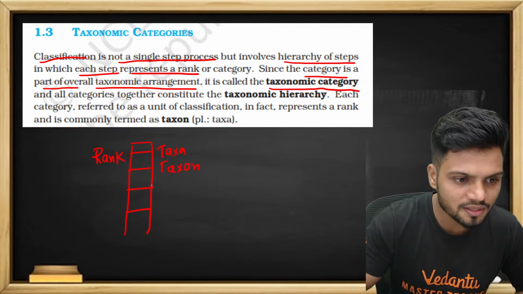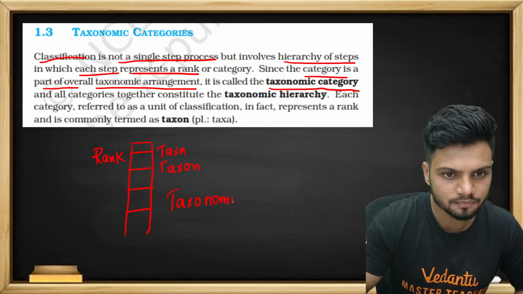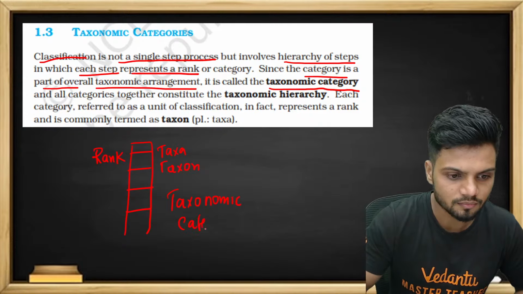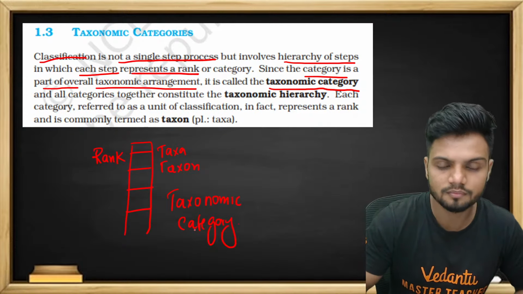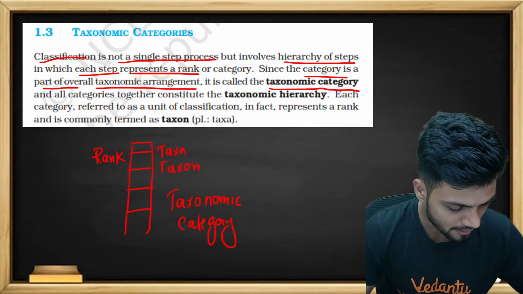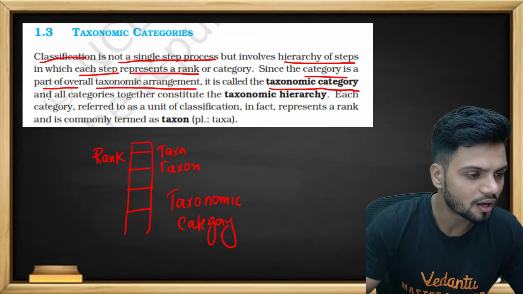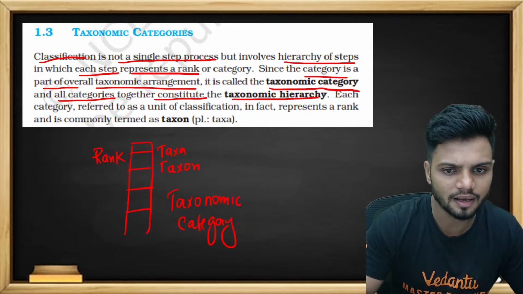The entire thing is called a taxonomic category, different ranks in a particular order. All the categories together constitute the taxonomic hierarchy.